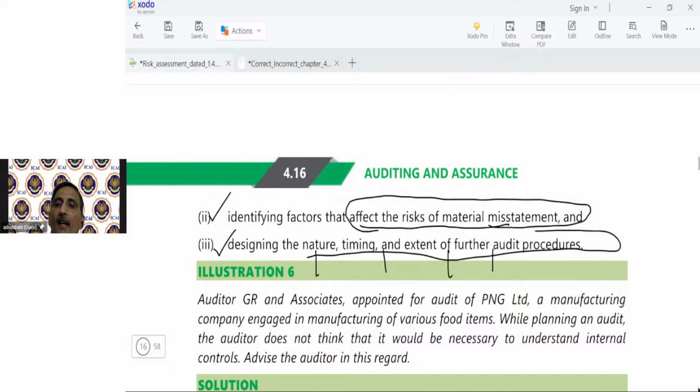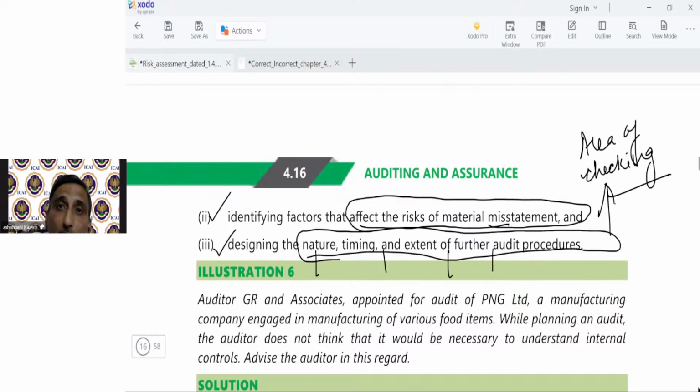So understanding controls would help him in deciding his area of checking. The auditor would come to know how his substantive procedures should be, whether he wants to check more or check less, what should be his sample size, and what kind of substantive analytical procedures he should perform.